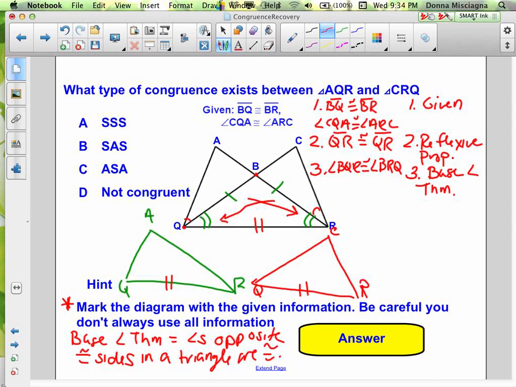All right, so now we've got another piece of information thanks to BQ being congruent to BR. It didn't seem like that was going to be helpful, but they gave us an isosceles triangle. Let's see, is that in our picture here? Can we mark something? So we have angle BQR.